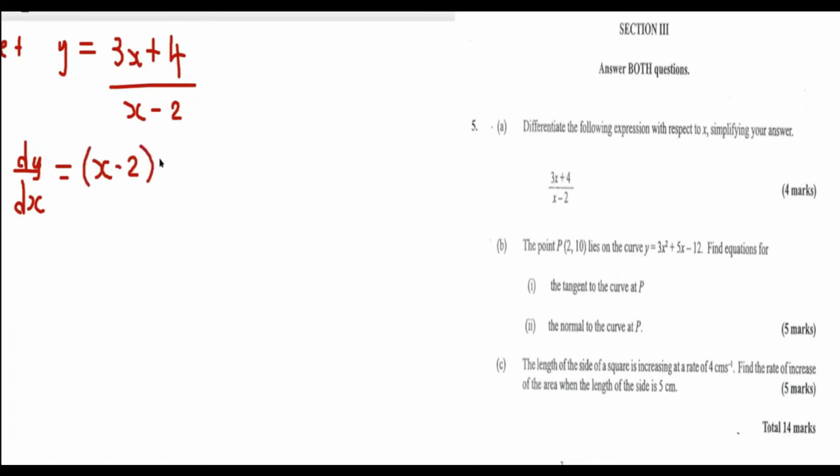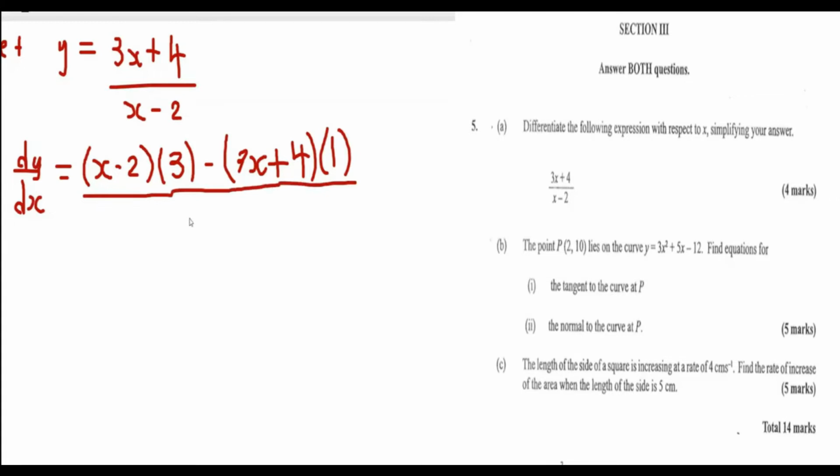The differential of the top is 3, minus the top, times the differential of the bottom, which is 1, over the bottom square. All right, so that's how you find dy by dx. You start with the bottom and you end with the bottom square. And so this is how we get dy by dx.